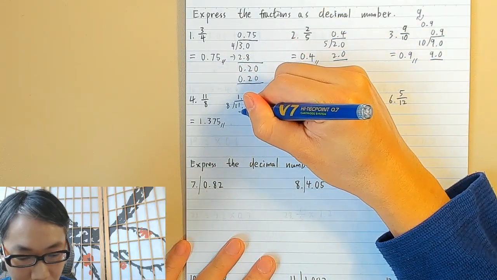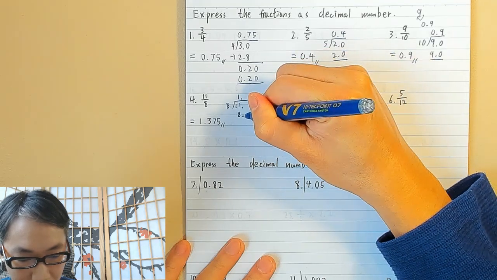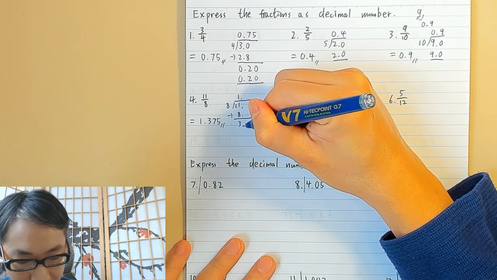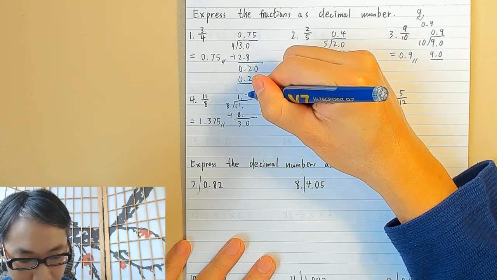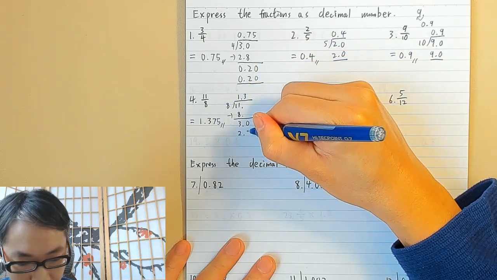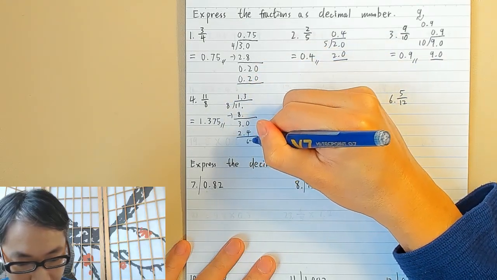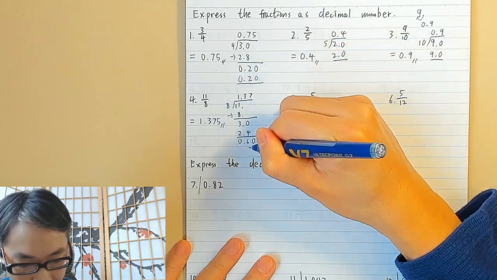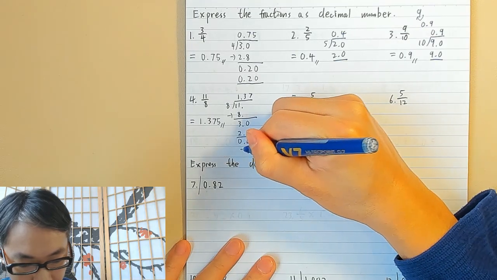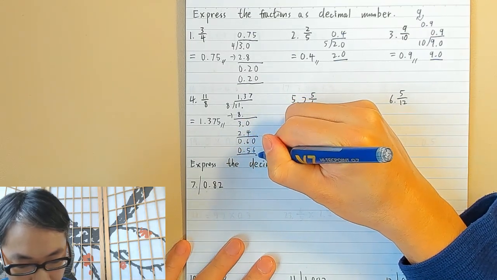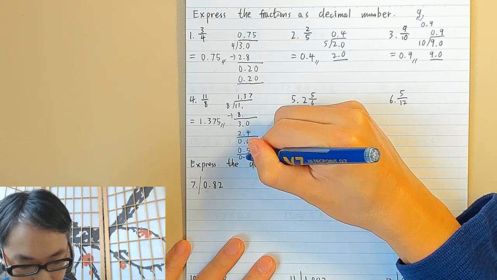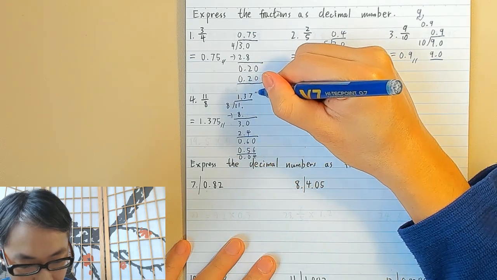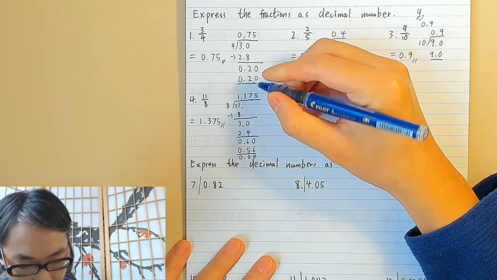This is 8. We have 3 left. And then 6. We have 7 here. We have 56. And then finally a 4 here. So the last digit will be a 5 because 5 times 8 is 40.